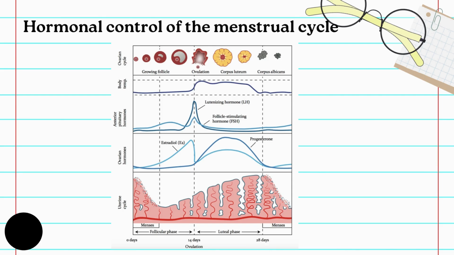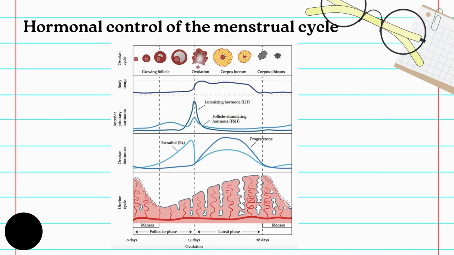Your anterior pituitary gland will start producing high levels of follicle stimulating hormone. If you look at the third line, you will see that FSH starts being produced, and when FSH increases, your follicle starts to mature. The follicle has formed, it's now maturing, and at the highest level in that first part, you see that your follicle is now mature.